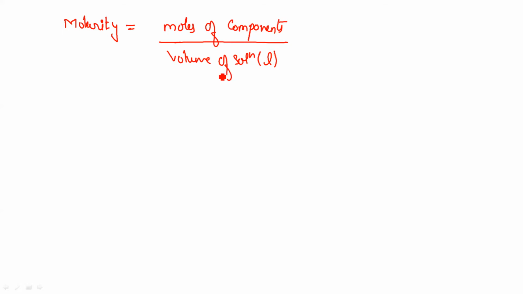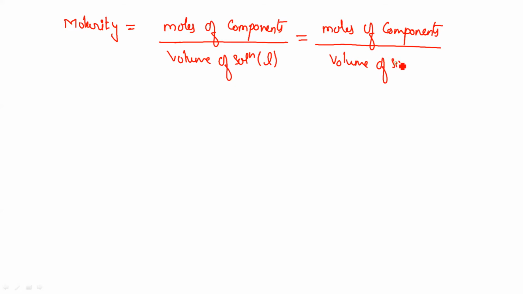This is the formula. But if I am changing liters to milliliter, let's say in some question the volume of the solution is given in milliliters, then what you have to do? You have to put that volume in milliliter only, and just multiply by 1,000 here. So the answer will not change, the same will be the answer here.